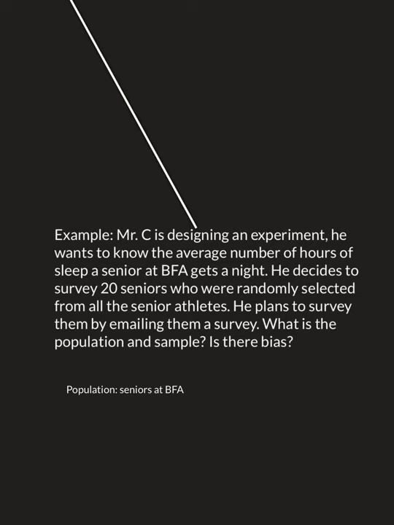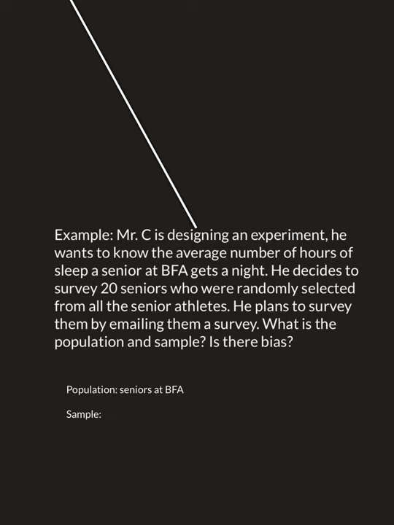Then we need to go to the sample. In that soup example, the sample was the spoonful of soup that we tasted just to see how the whole batch was. So in this case, what did he do in the experiment so that he could break it down? It's a smaller group of people he was surveying. He took 20 seniors who were randomly selected from the senior athletes.